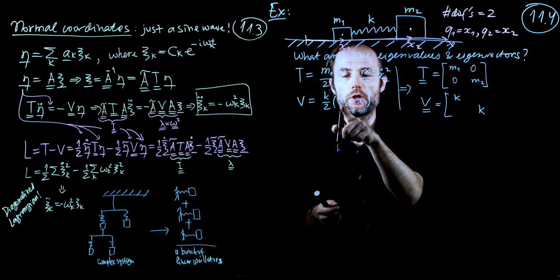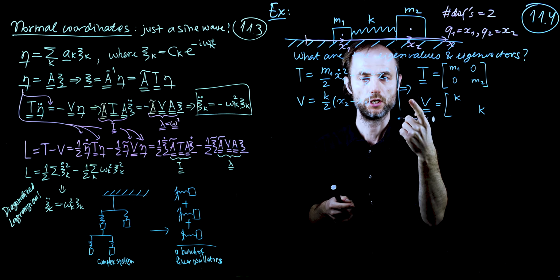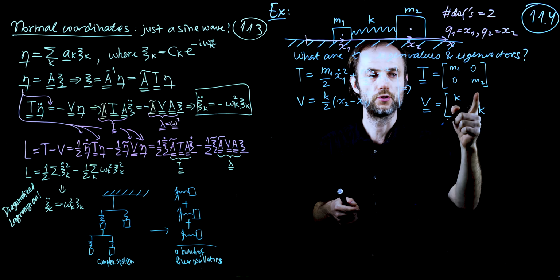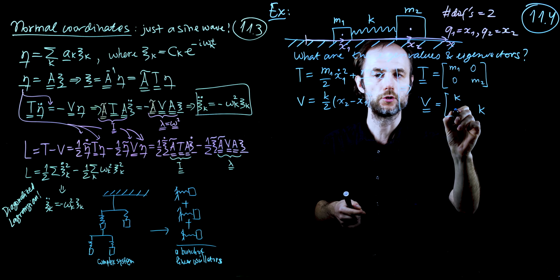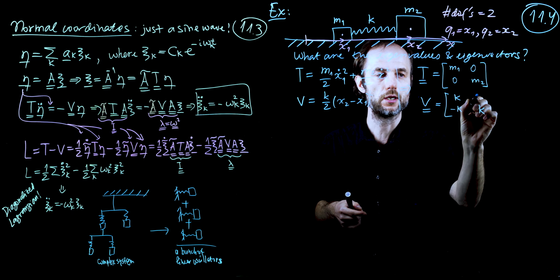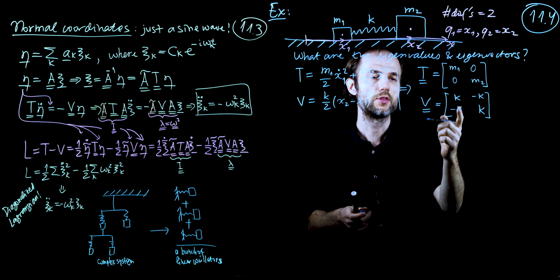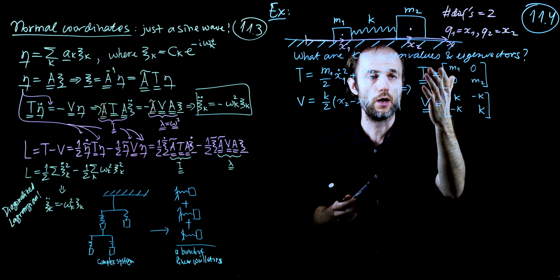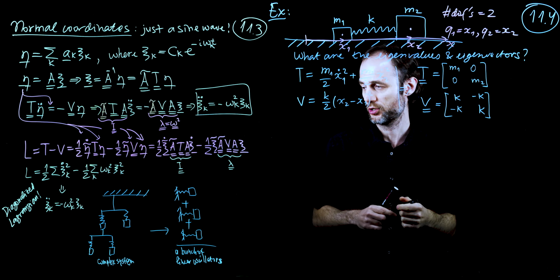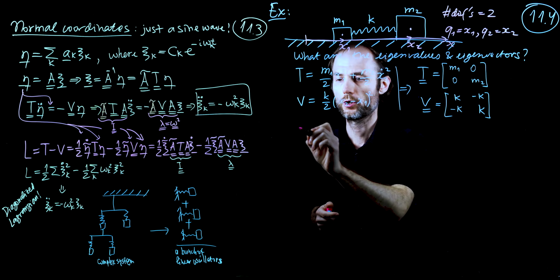If we expand it, we're going to get minus 2 x1 x2. So for these off-diagonal terms, we're going to get minus k and minus k as well. So this is our T and this is our V matrix. So what is our eigenproblem?